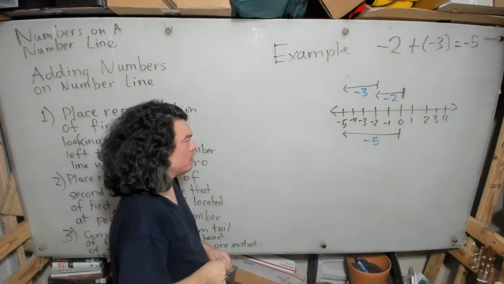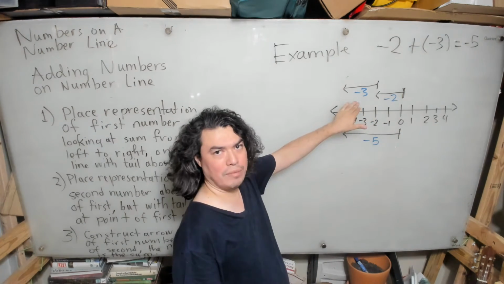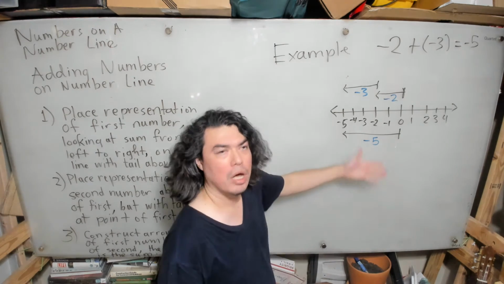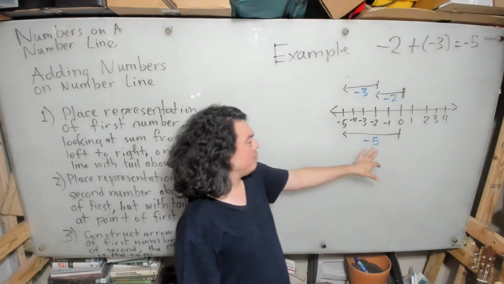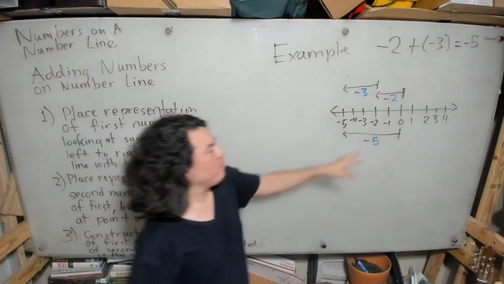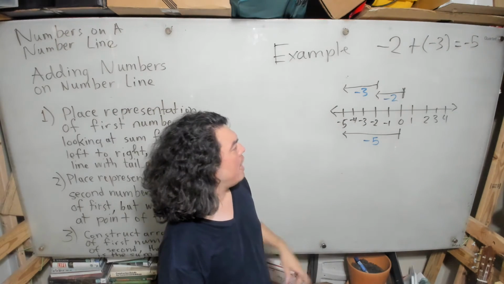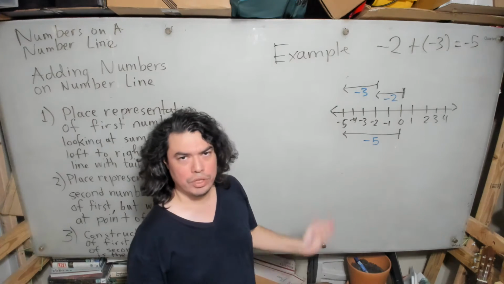Okay. And I want you to notice how in this case, both the arrows were going in the same direction. So the resulting arrow that we got by essentially combining them also went in the same direction. And we can remember that the arrow being left means negative. So if we have these two negative numbers and we're adding them, we get a negative, right? And also the length. The lengths of the two arrows here are 2 and 3 respectively.